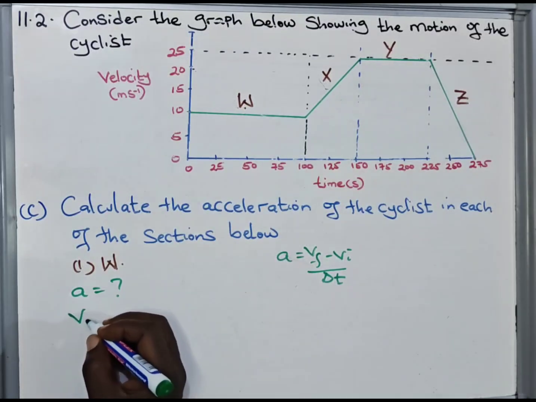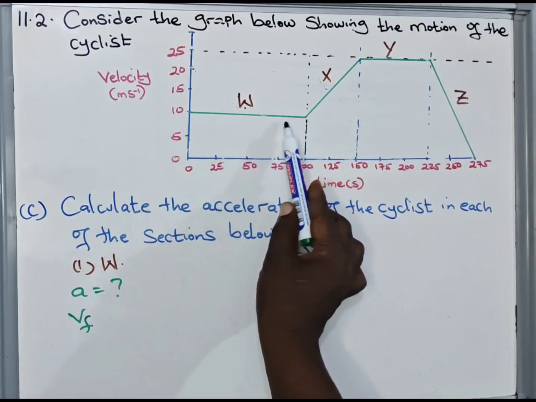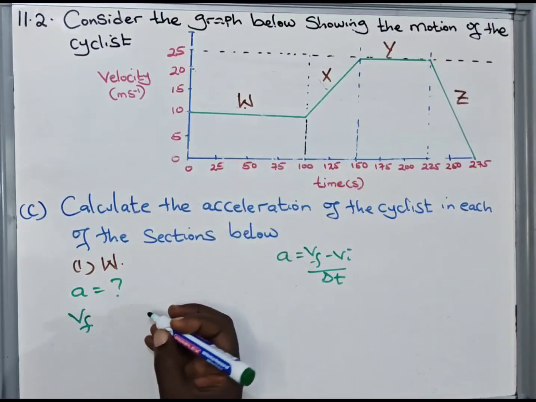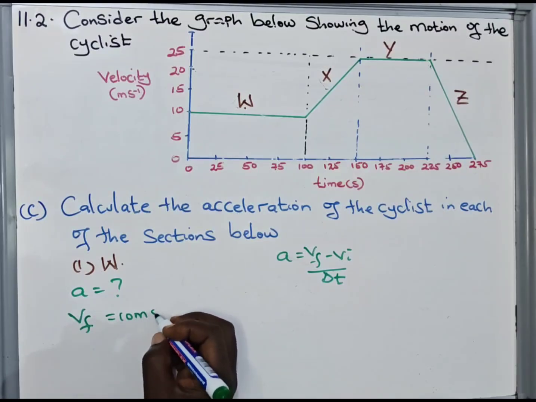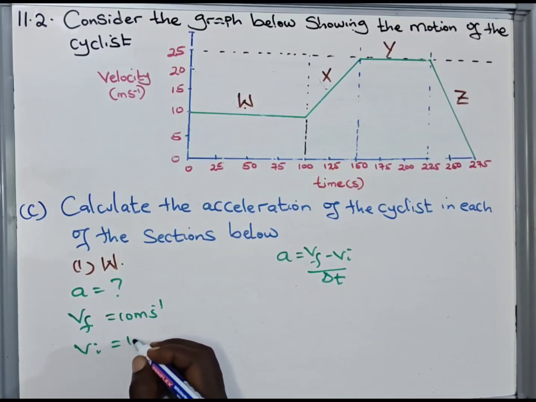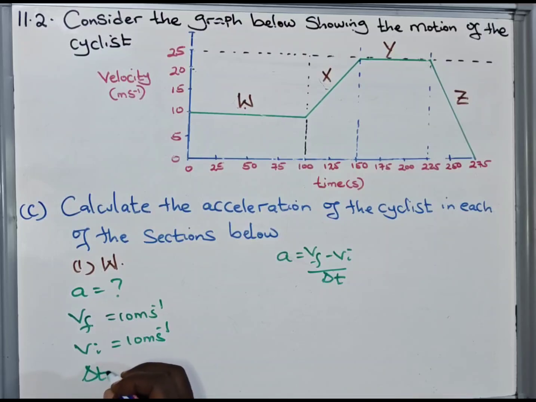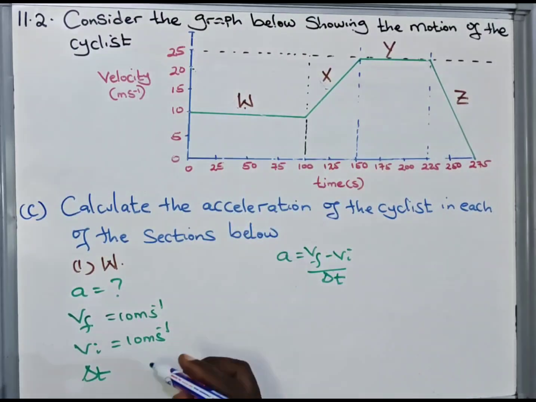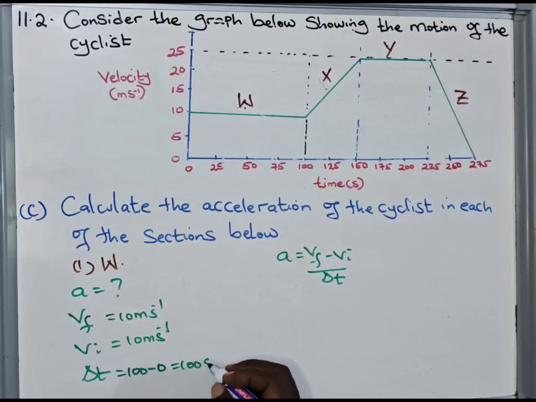We are talking about section W. Vf is 10 meters per second. Vi is 10 meters per second. Delta t is between 100 and 0, so it's going to be 100 minus 0, giving us 100 seconds.